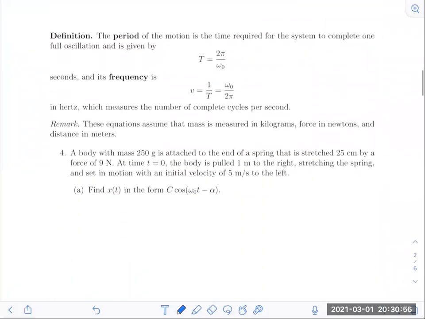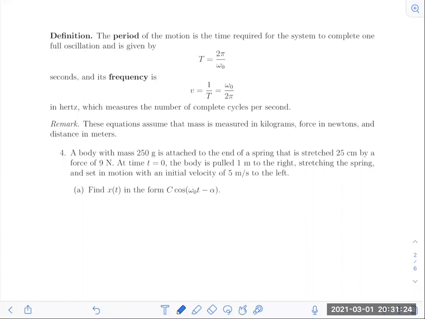All right, a couple other concepts here before we get into our first example. The period of the motion is the time required for the system to complete one full oscillation. Again, what we're talking about with an oscillation as far as a spring is concerned is, for example, it being compressed and then released back to its equilibrium position, or the opposite, it being stretched and bouncing back and then reaching back to its equilibrium position.